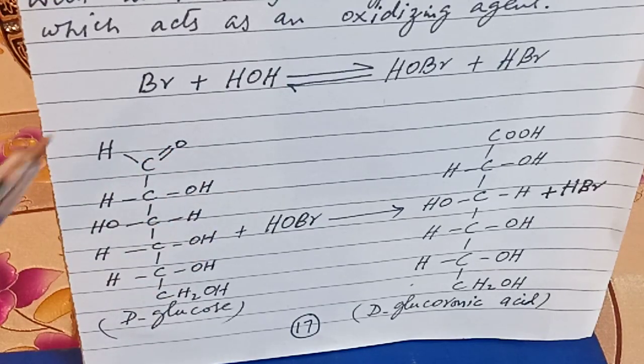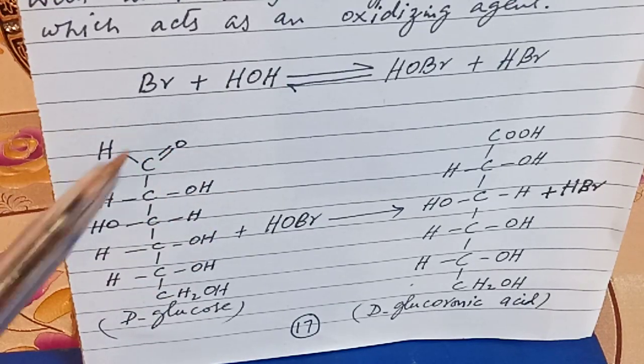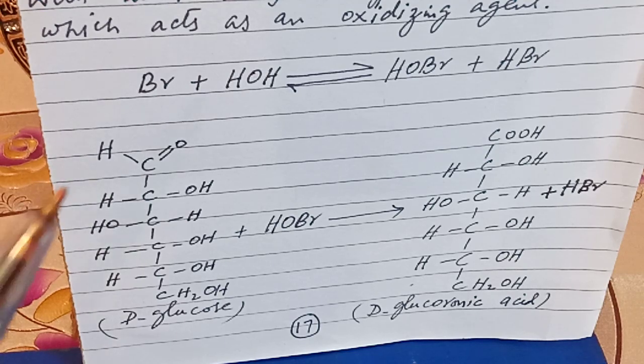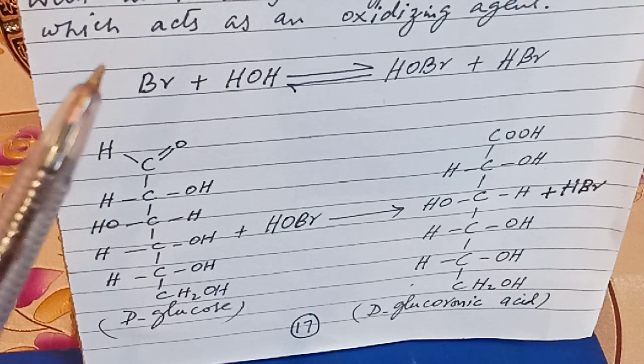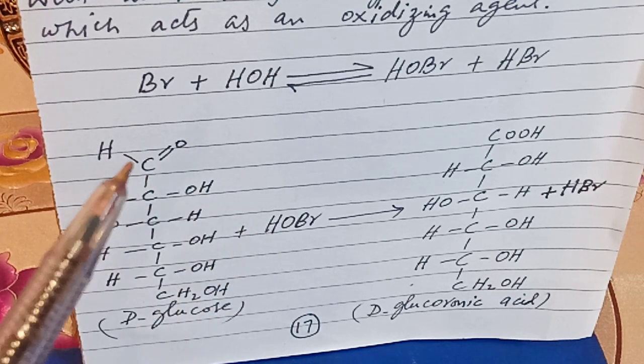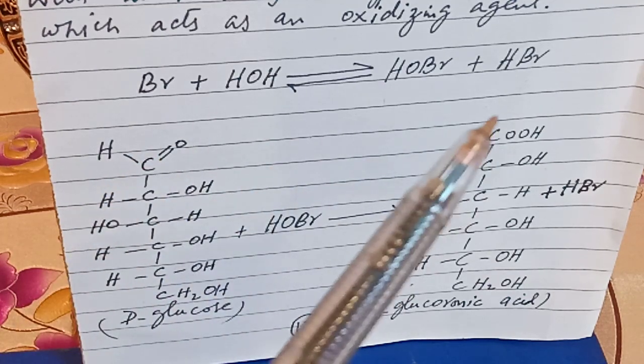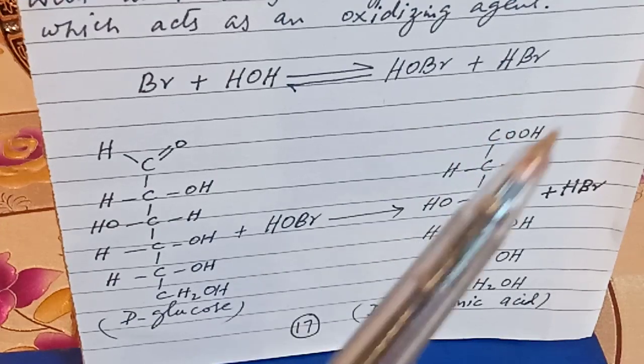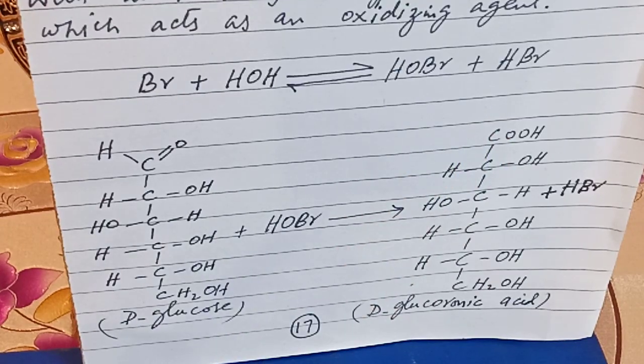So one hydrogen will be lost, and this OH will react with this carbonyl group, forming the carboxyl group at the carbon atom. This type of structure will be called D-gluconic acid.